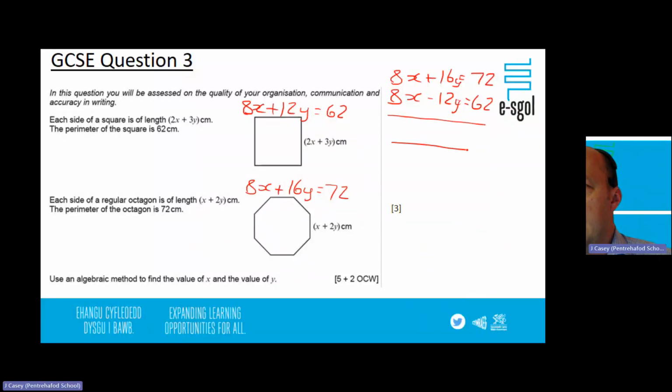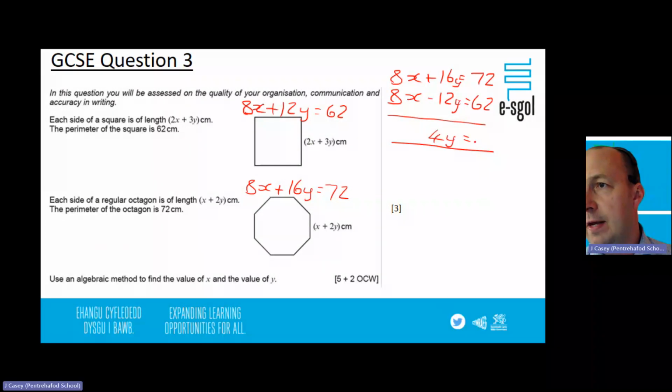Take away 8x, take away 8x. 8x take away 8x is 0, because they're both positives. And I'm then going to do 16 plus minus 12, which pretty much means 16 take away 12. So that's going to be 4y, and then 72 take away 62 is 10. When I divide by 4, it gives me a value of y to be 2.5.